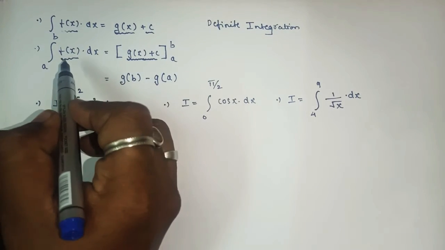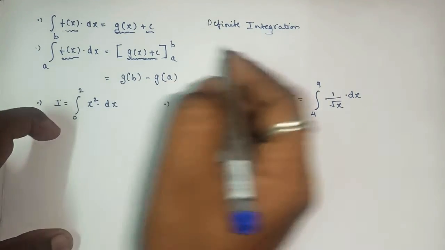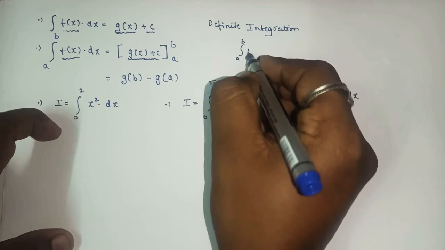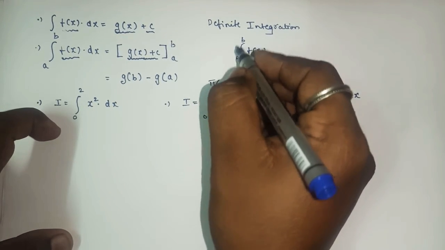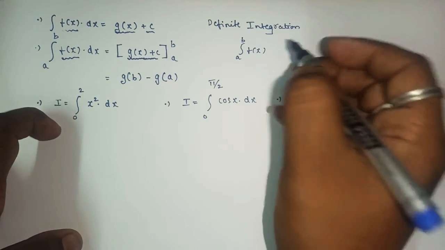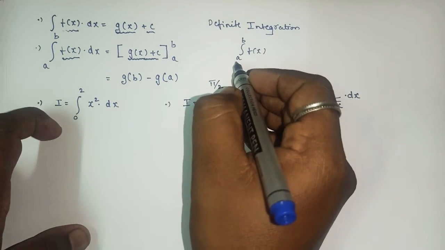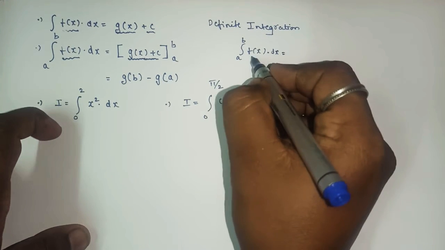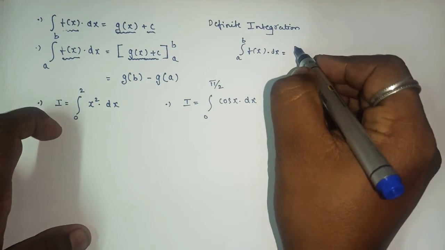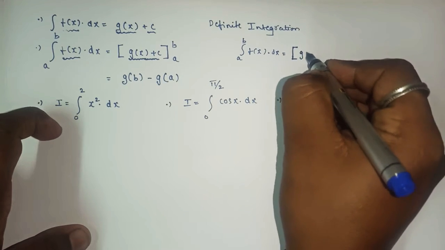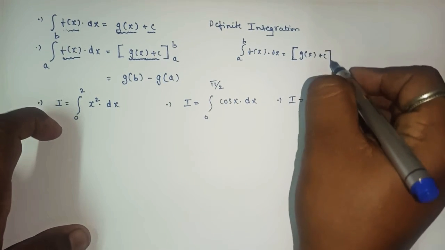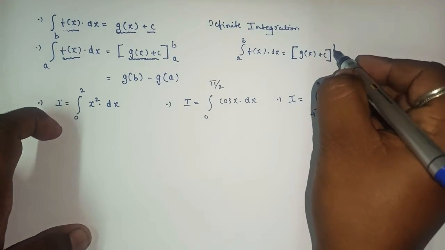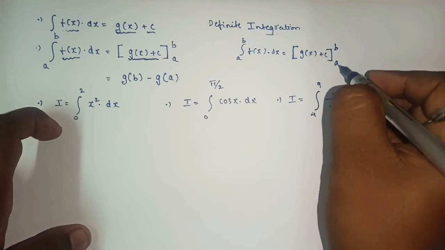Okay, now suppose we know that the integral of f of x is g of x plus c. Integration a to b, we can read this as a to b, or you can say this is the lower limit and this is the upper limit. So we know that integrating this function with respect to x, you will get g of x plus c. Of course the integration sign will get removed, but a to b you will write as b and a, upper limit and lower limit.